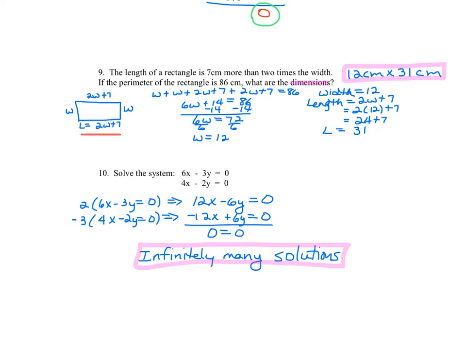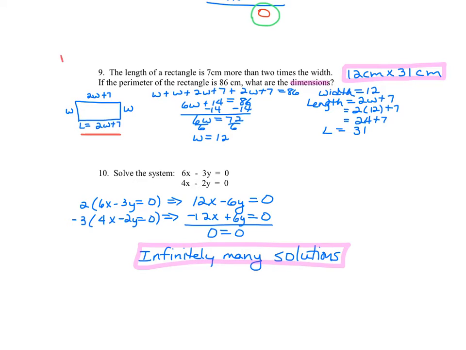Now, there are different formulas for perimeter, but essentially you're adding up all the sides. So I added W plus 2W plus 7 plus 2W plus 7 and set it equal to 86. Combine my like terms and then solve the two-step equation.